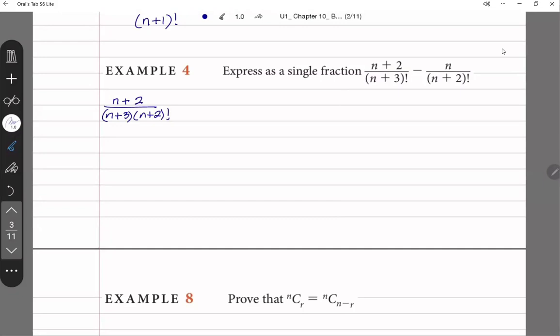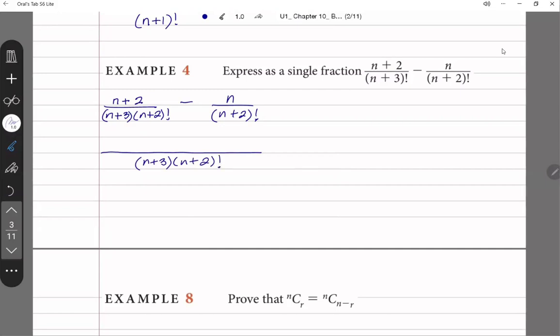N plus 3 factorial minus n over n plus 2 factorial. The LCM is n plus 3 factorial, which is the same as saying n plus 3 times n plus 2 factorial.